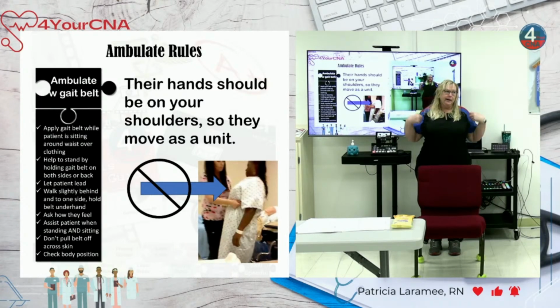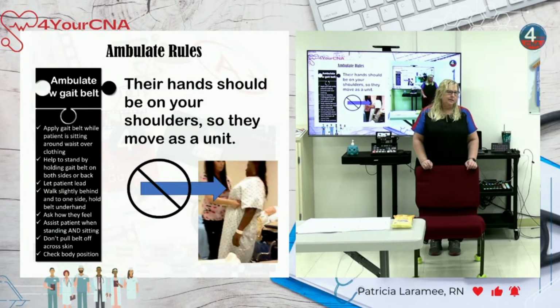We never lift with their clothing. Gait belt is the ideal way of lifting. If we can't use a gait belt, then I'm going to have to come up with a different method of lifting the patient. Usually it's going to be a mechanical sling lift or a sit-to-stand lift or something like that.